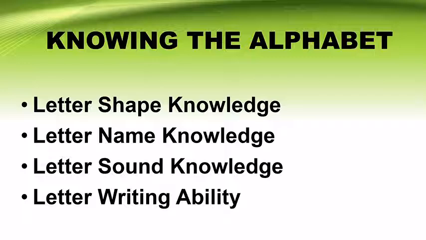And now, after that, the third bullet is letter sound knowledge. After introducing the name of every letter in the alphabet, the teacher continues with the corresponding sounds of every letter. Now, after knowing the sounds, the structures, and the names of the alphabet, we have here the last bullet, which is letter writing ability.